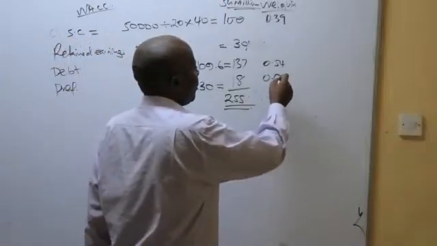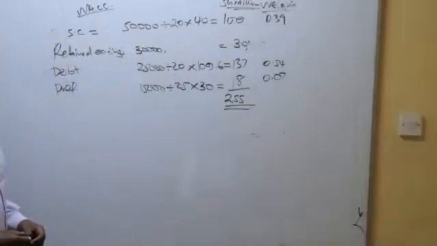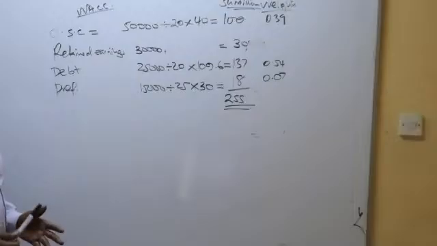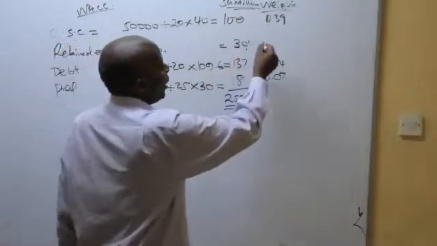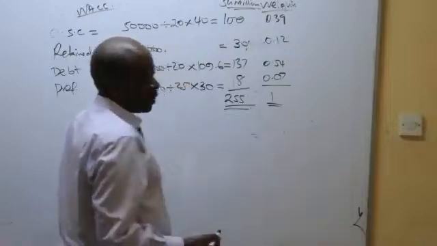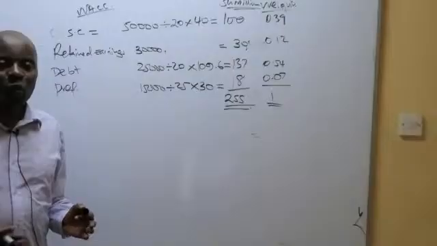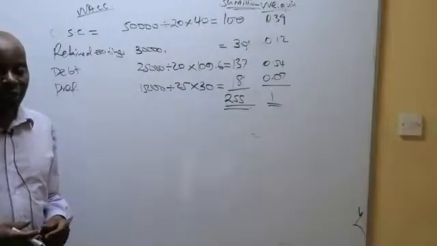How about retained earnings? So retained earnings, I'm being given 0.12. And if you add, of course, all the proportions, you'll end up getting one or thereabout. It has to be something close to one.